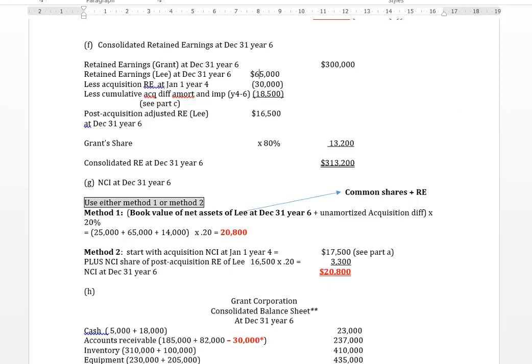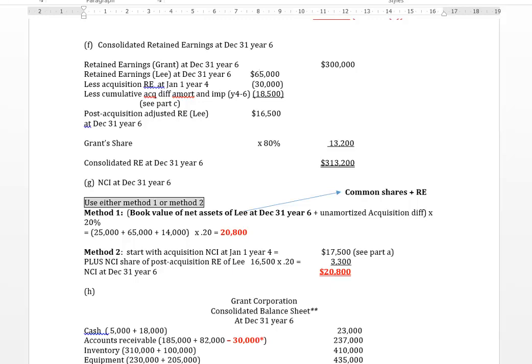Now, we do need to make adjustments to Lee's retained earnings because don't forget, at the date they became related, that's Grant and Lee, that was at January 1, year 4. Lee already had some retained earnings that they had earned as a result of income they earned before they became related to Grant.